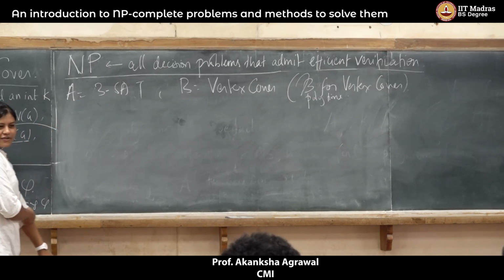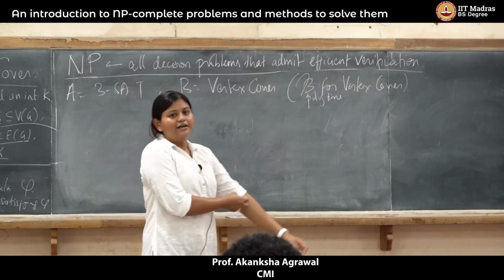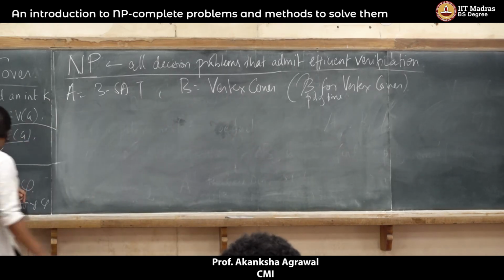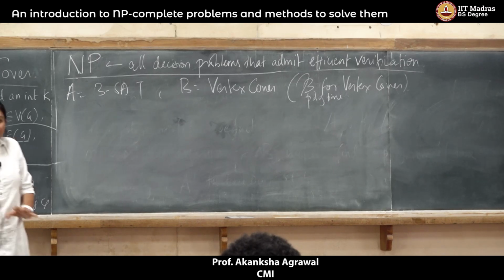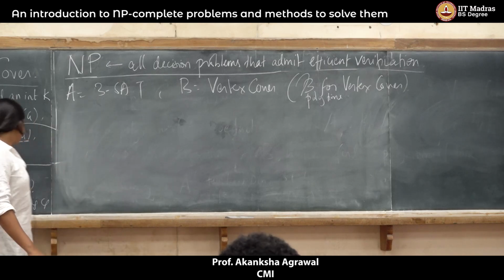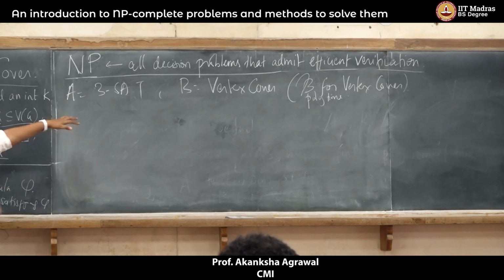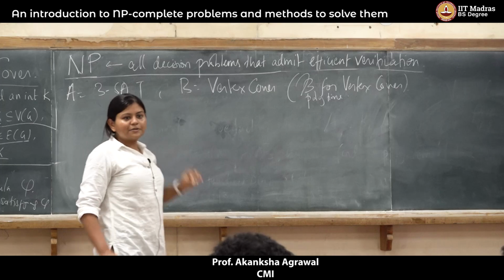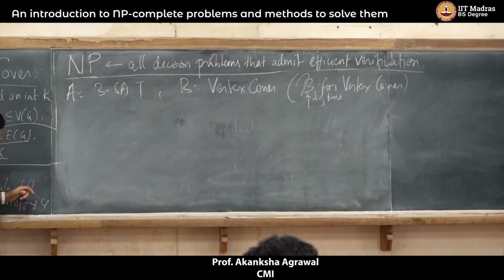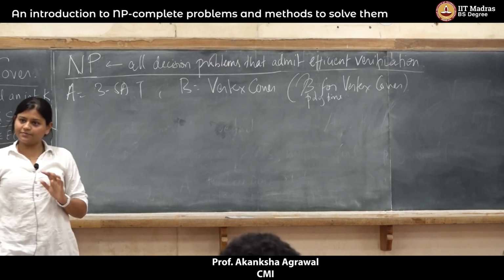For simplicity in explaining, we'll assume that each clause has exactly 3 literals. That's not very crucial. You can modify the reduction a bit and make sure that whatever we are assuming is not a big deal. But for the purposes of the explanation, let's suppose each of the clauses in phi has exactly 3 literals.